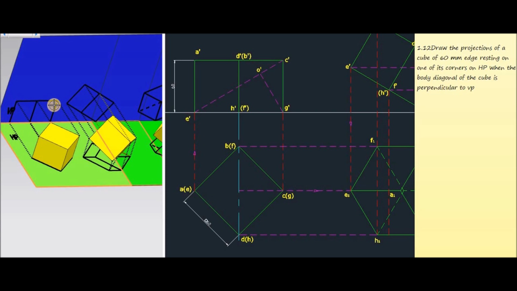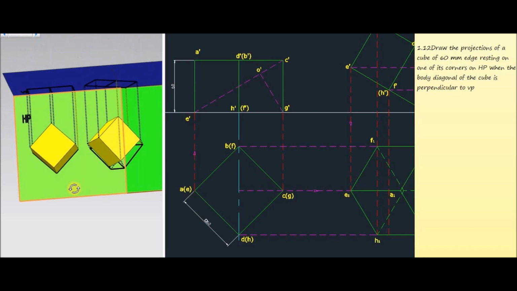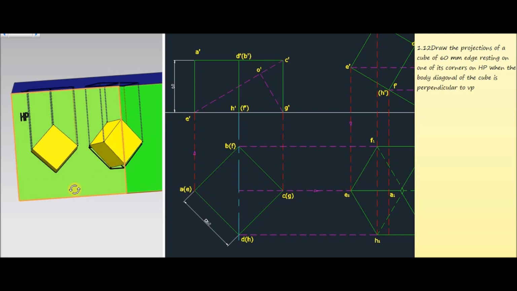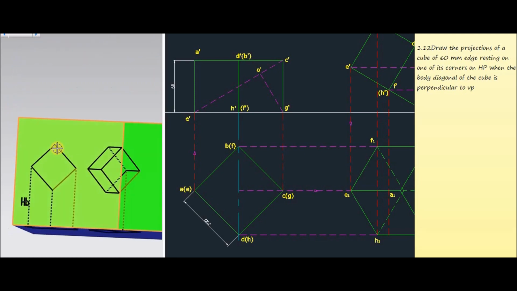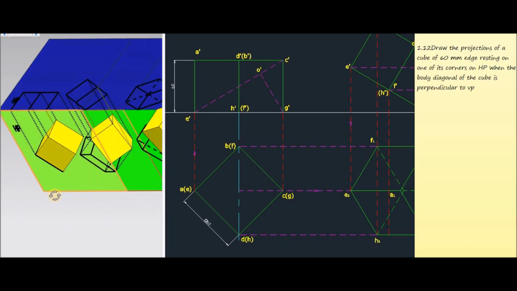Now we will get one rectangle here, and this rectangle represents the front view of the cube. Then similarly for getting the top view we have to observe the object from the top side. So we project all the top and bottom corners to the horizontal plane, and now we will get one square like this, and this square represents the top view corresponding to the initial position.